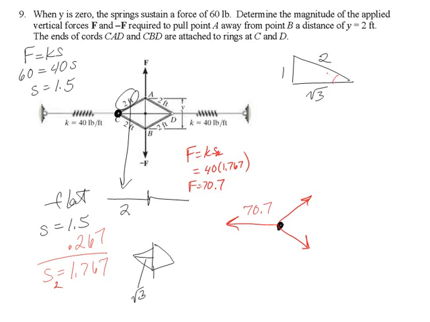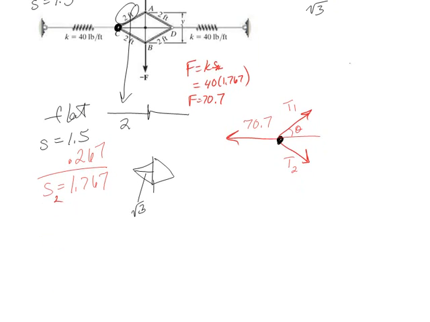So whatever this angle theta is here, this will be T1, and this will be T2. Now they're going to turn out to be the same, but I don't necessarily know that yet. So the angle is theta. Okay. If I'm looking at just this part, I can do a free body diagram, and now I can sum the forces in the y.